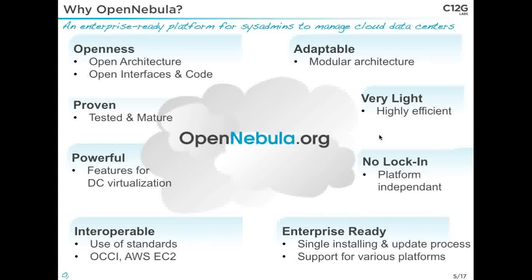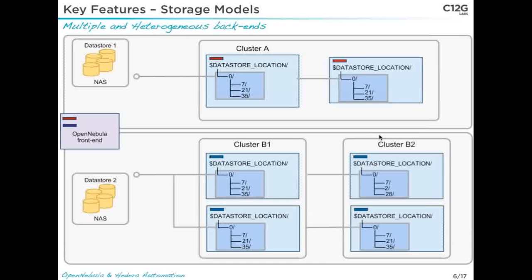It also features an adaptable architecture, so everything is based on plugins. So it's quite easy to support new, for instance, hypervisors, or to integrate with existing components in your data centers. It's also a mature technology. It's been around for over 7 years now, so it's quite intensively tested by our user base and also our community.